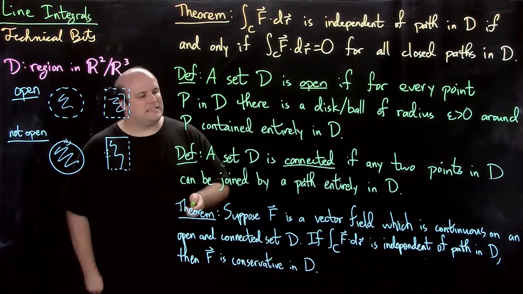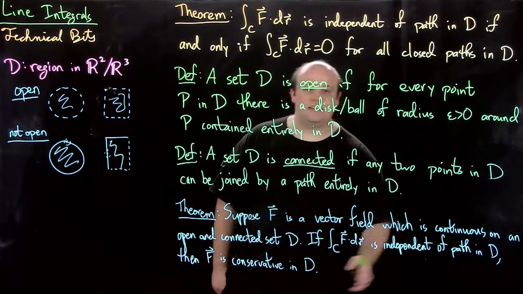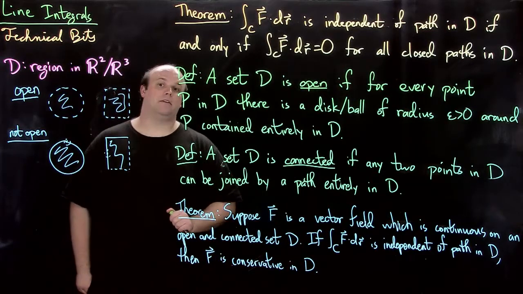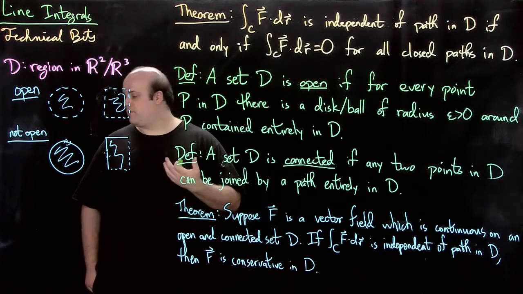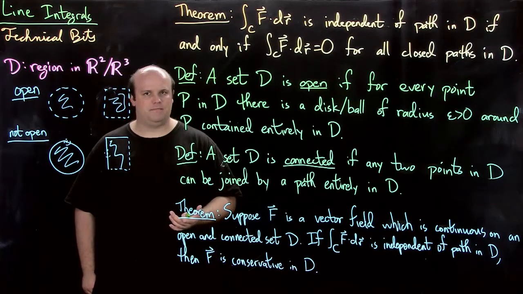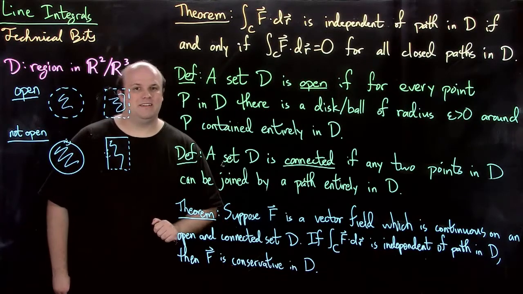The problem is, showing that a line integral is independent of path can get really hard. So we want to ask, is there a better way to do it? Well, we'll talk about that in a bit.